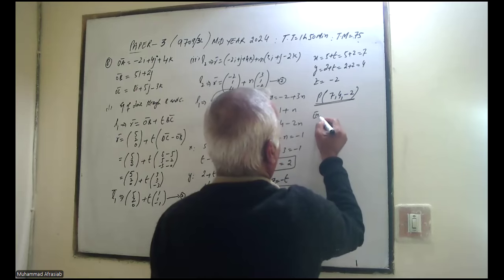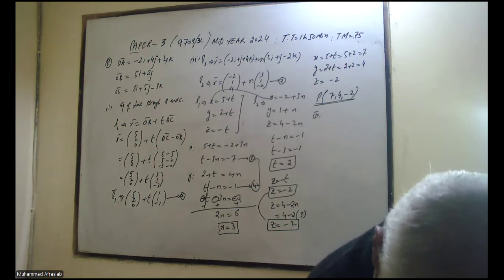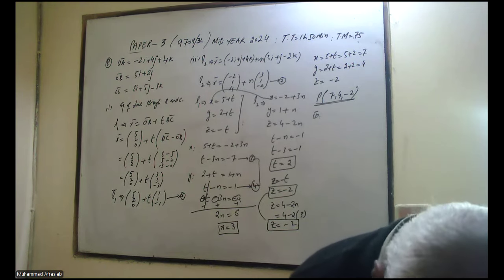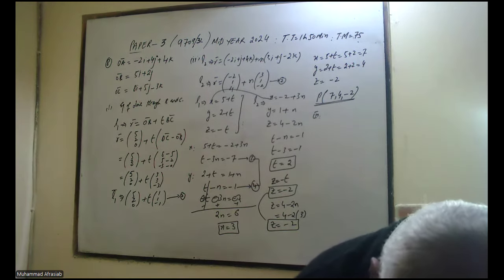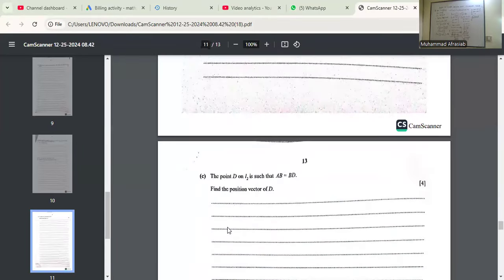Then the third part of this one is the point D lies on the line L2 such that AB is equal to BD.